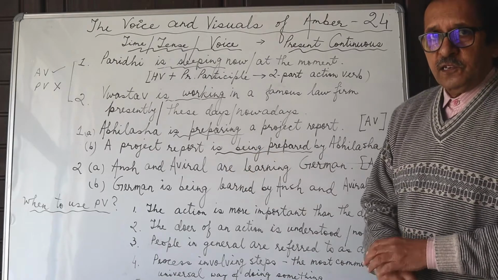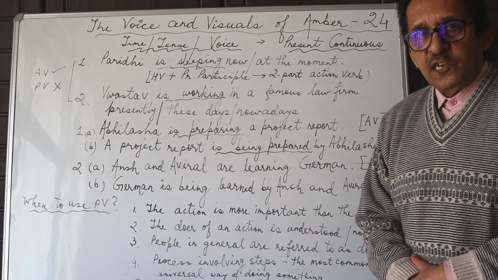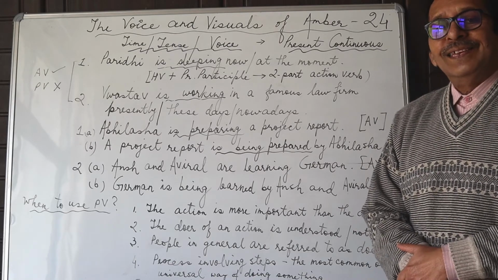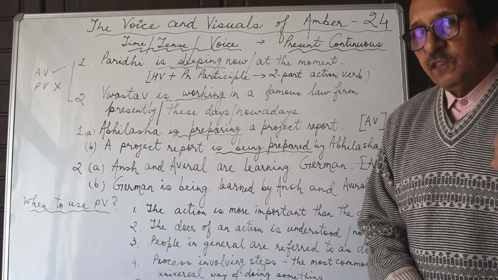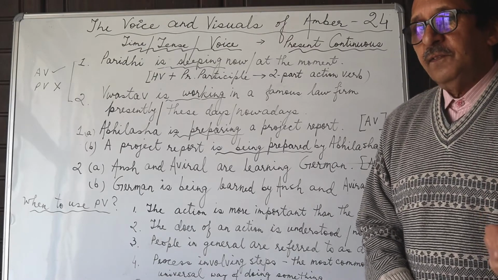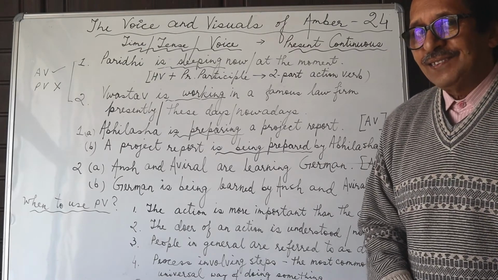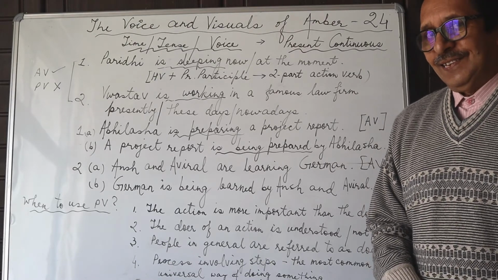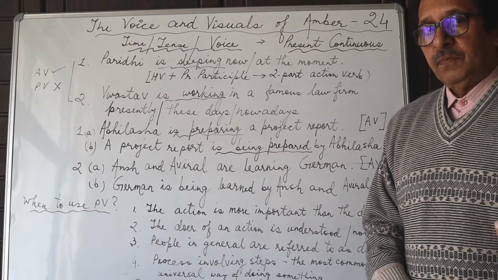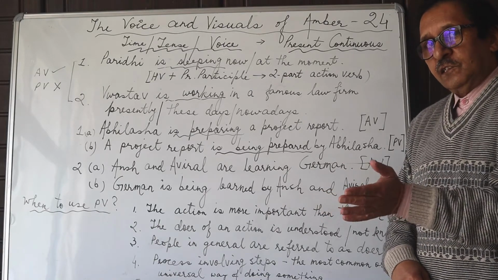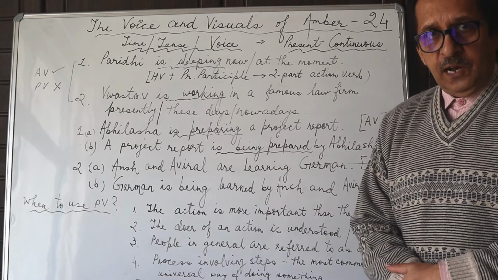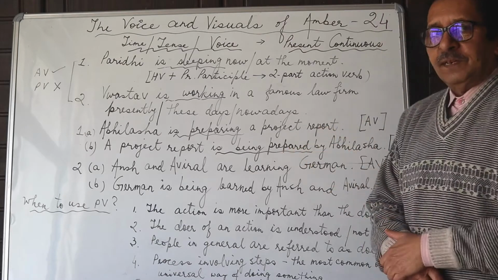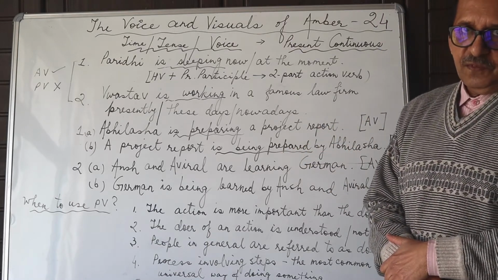So active voice sentences can be changed into passive voice only when the subject is the doer and the sentence has a transitive verb. That means it has an action verb denoting the action done by the subject or the doer and which is affecting somebody or something else.